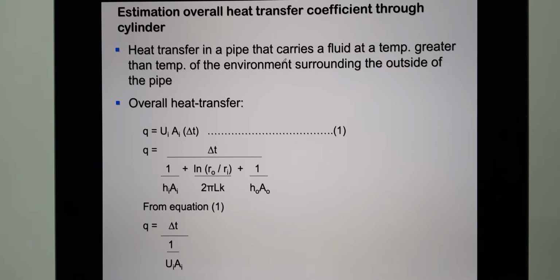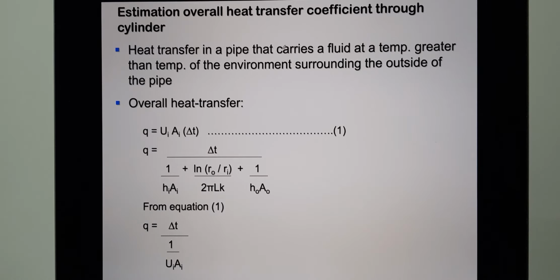Okay, so estimation of the overall heat transfer coefficient through a cylinder. Alright, how to calculate the heat transfer through a cylinder. Heat transfer in a pipe that carries a fluid at a temperature greater than the temperature of the environment surrounding the outside of the pipe.